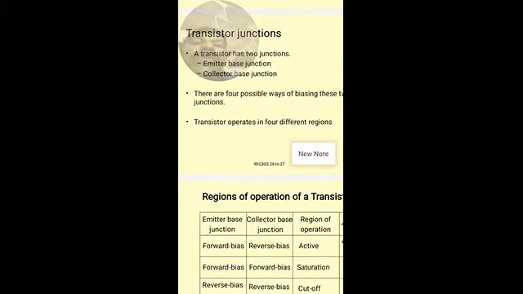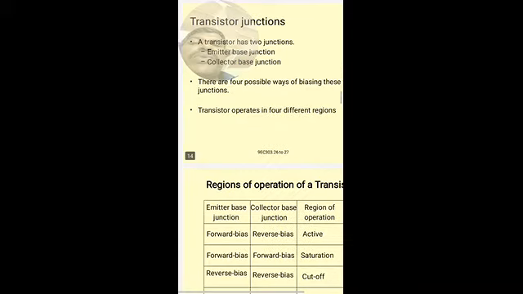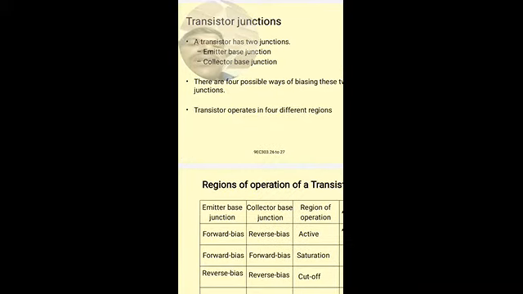There are four possible ways of biasing these two junctions. The four possible ways of biasing the transistor are fixed bias, collector to base bias, potential divider bias, that is self bias, and ultimate self bias.